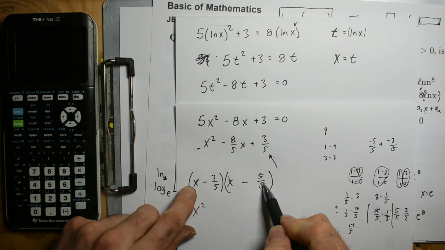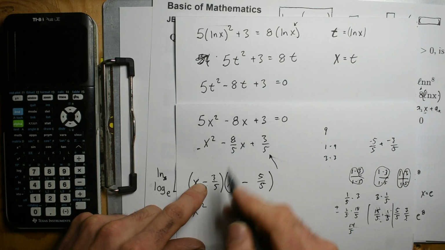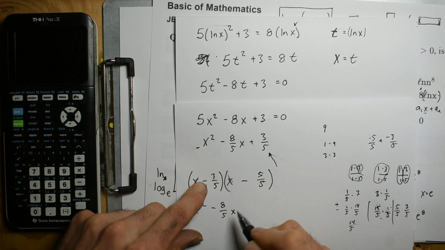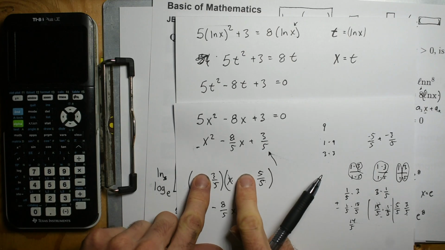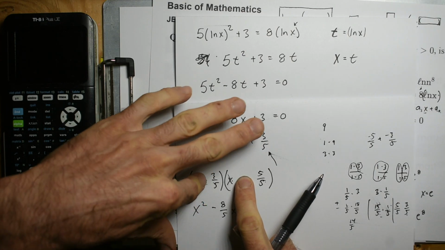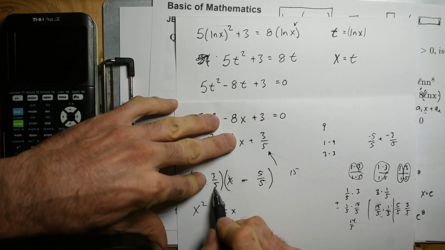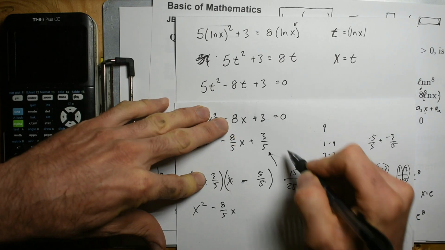We're going to have a -5 fifths x plus a -3 fifths x. That's -8 fifths x, and then we're going to have these two terms multiplied. The two negatives become positive. 3 times 5 is 15. 5 times 5 is 25. Divide by a factor of 5, and you get 3 fifths, which is that.